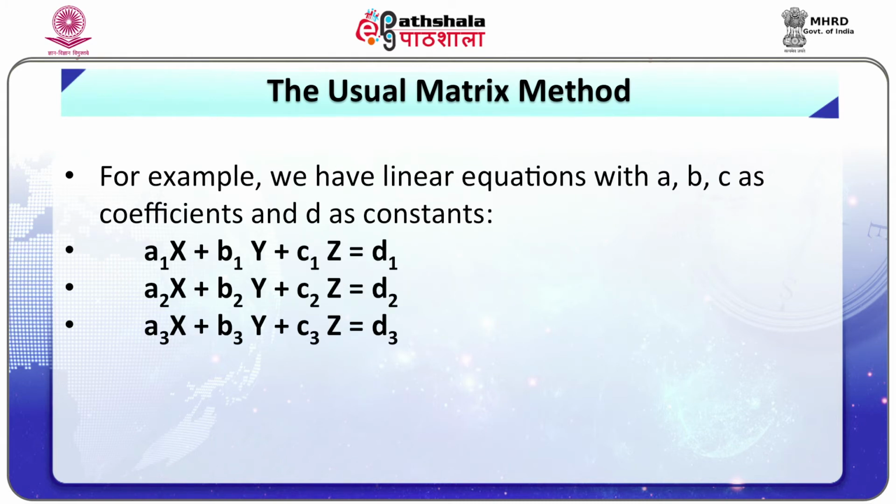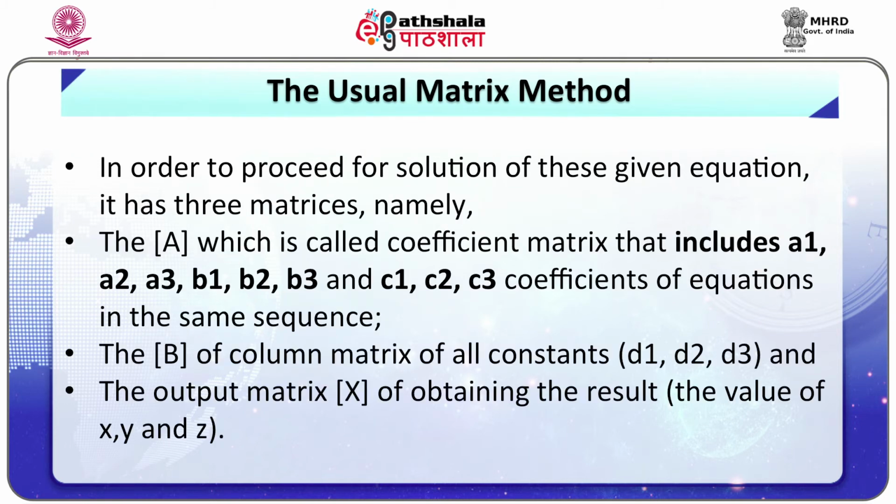The linear equations are A1 x plus B1 y plus C1 z equal to D1, A2 x plus B2 y plus C2 z equal to D2, A3 x plus B3 y plus C3 z equal to D3. These are the three equations.